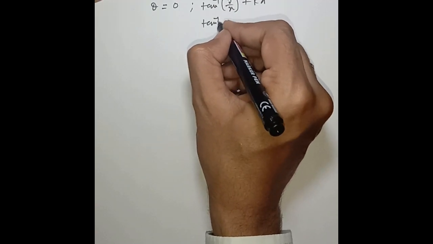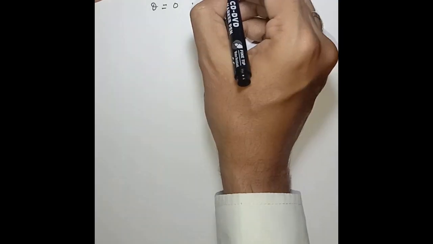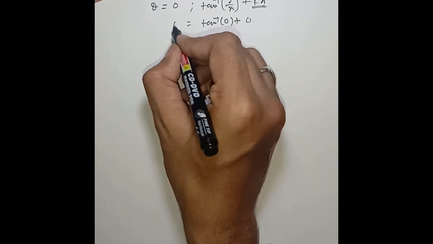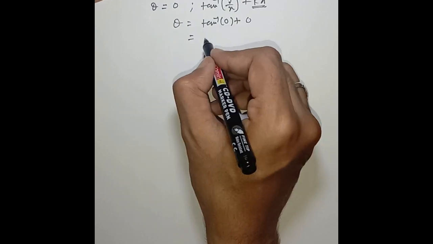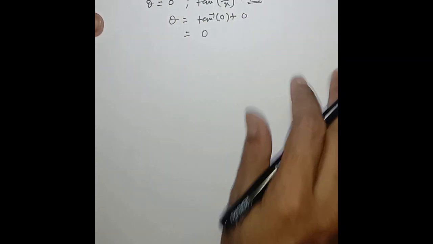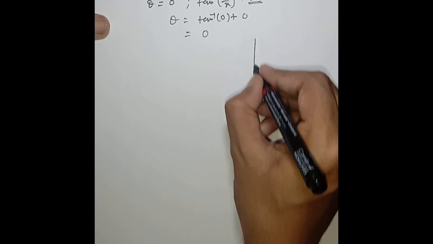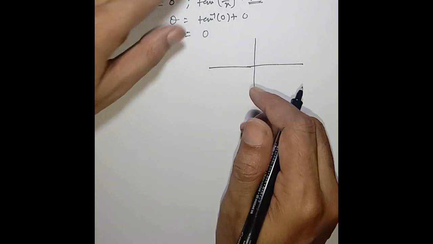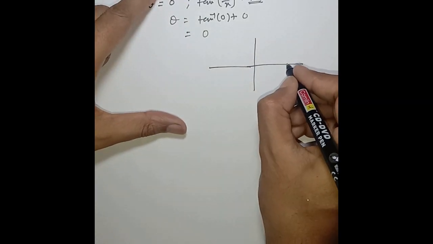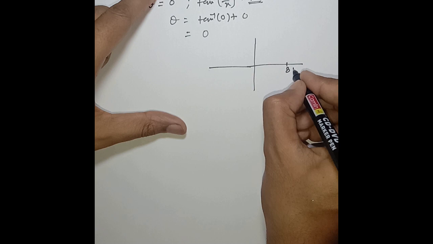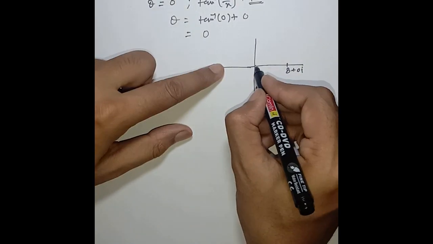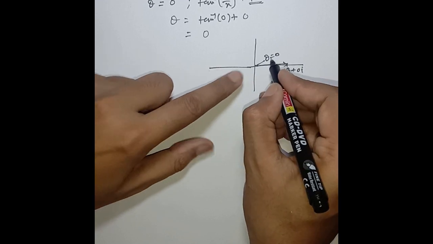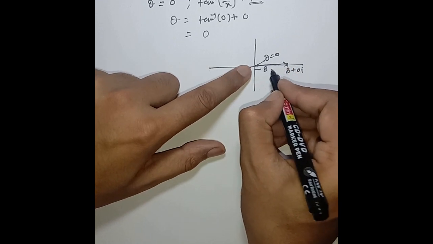That means tan inverse 0, and both are positive, so it is 0. We can draw the diagram for this point: this point is 8 plus 0i, the polar argument is 0, and the length is 8.